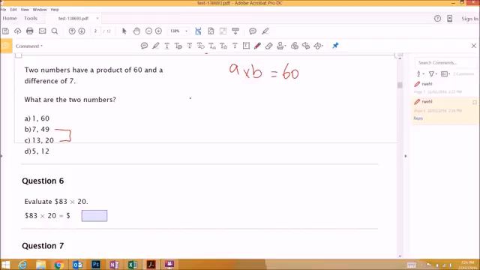So it's got to be A or D. So that means that our answer is going to be D, because 5 times 12 equals 60, and the difference between those numbers is 7.